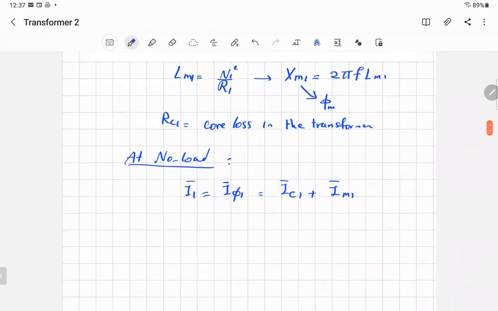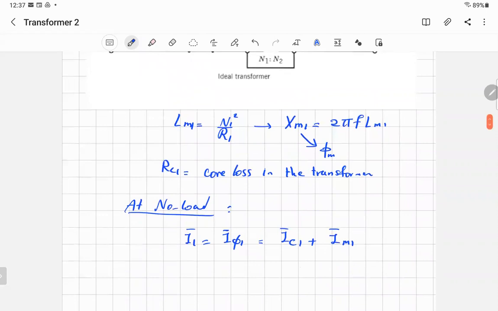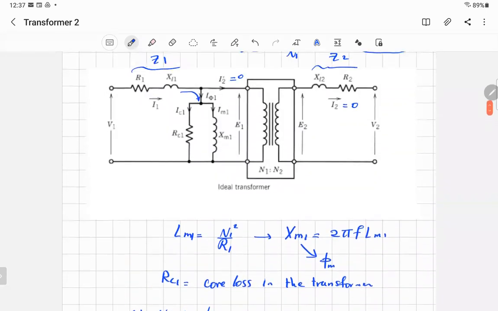And you have to remember something. You can plot the phasor diagram of the current. When you look at the voltage E1, E1 is across XM1 and across RC1 in parallel. So if you have E1 here, you observe that IC1 will be in phase with E1.